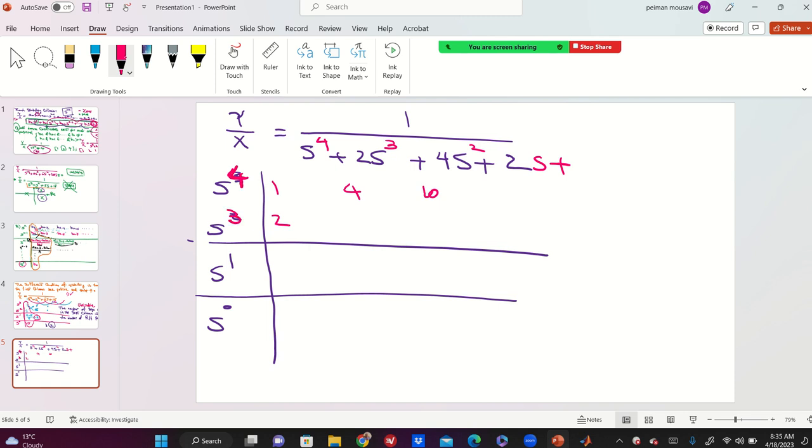S cubed, s squared, s1 and s naught. So 1, 4, 2, 8, and here is 10. Okay, that's the system. Fourth order system.